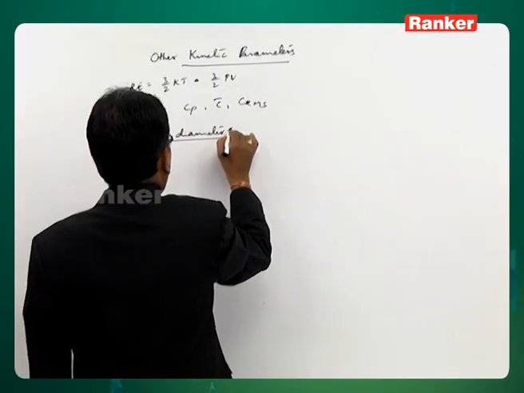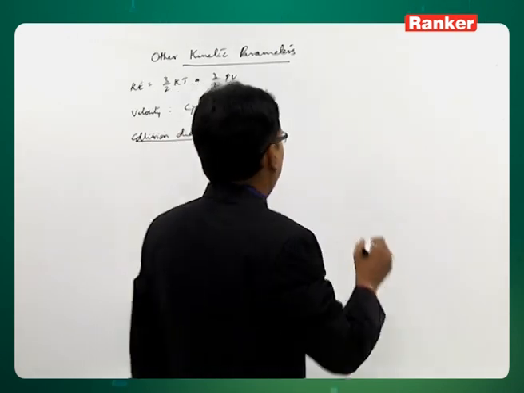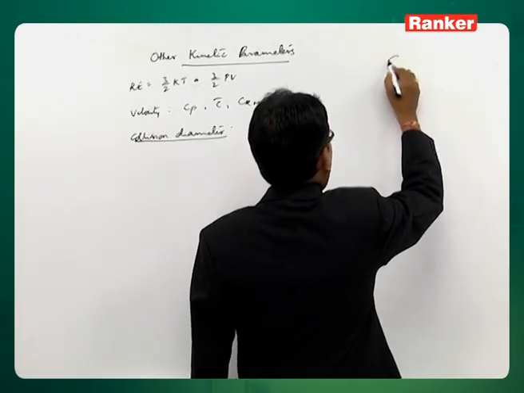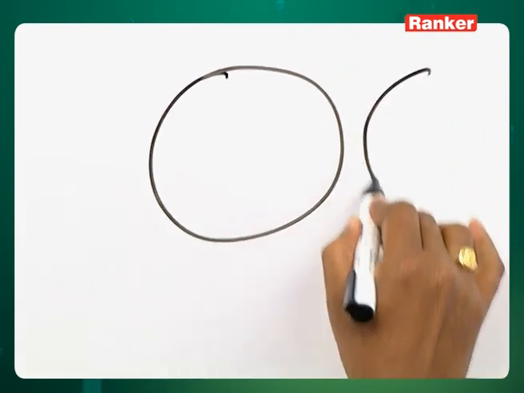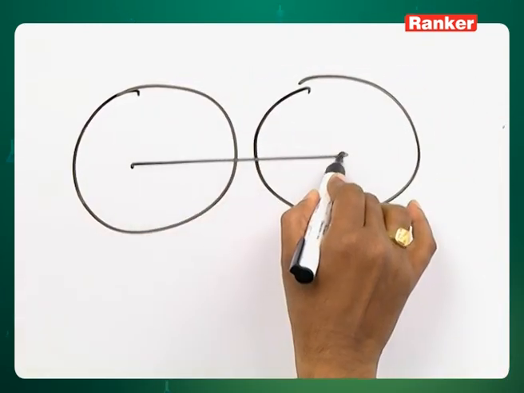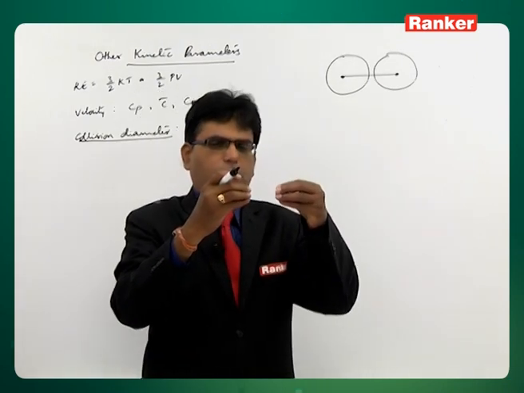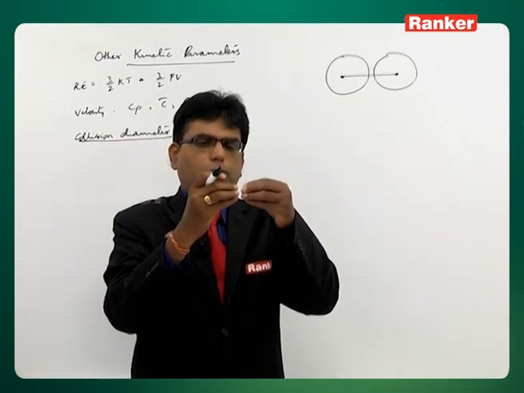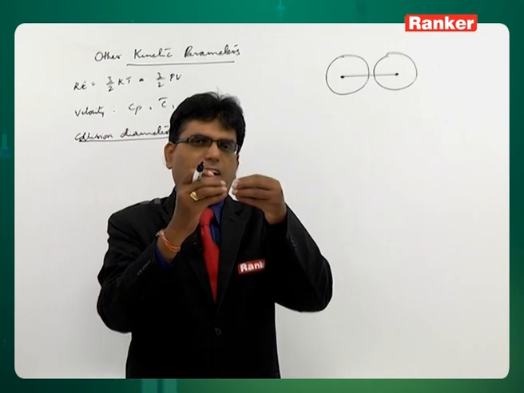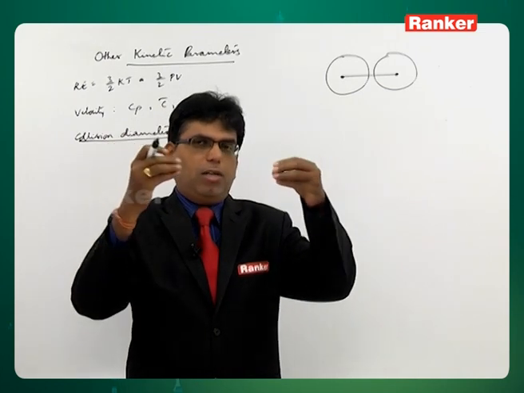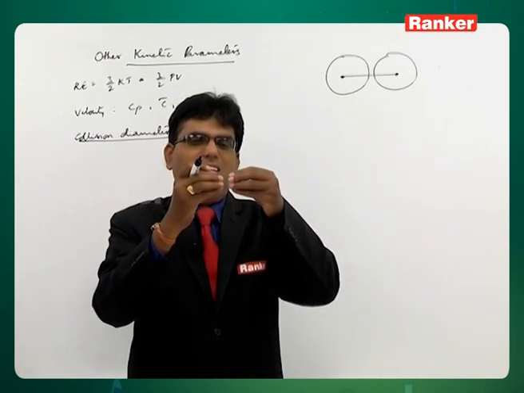What is collision diameter? Collision diameter is when two molecules are coming to their nearest approach, so that their repulsions are overcome, and attractions and repulsions compensate each other.